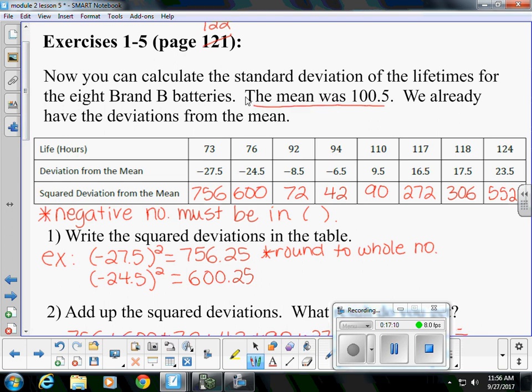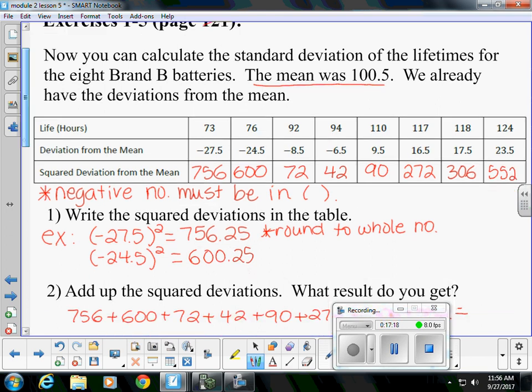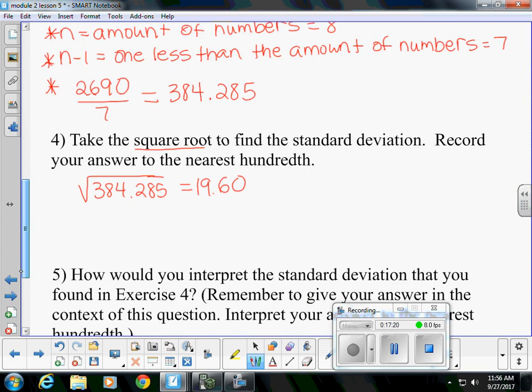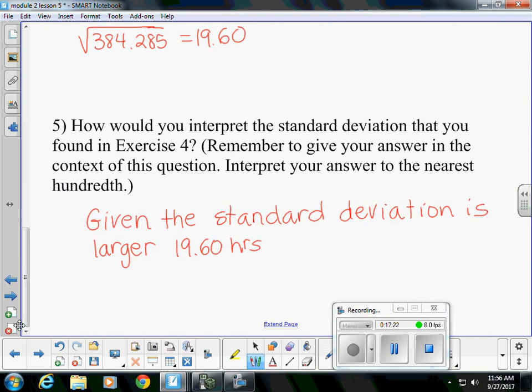See, but when you buy this battery, the battery life could be anywhere from 80 hours to 120 hours. That's how unreliable it is. Okay, so the standard deviation is pretty big. It's almost 20 hours.